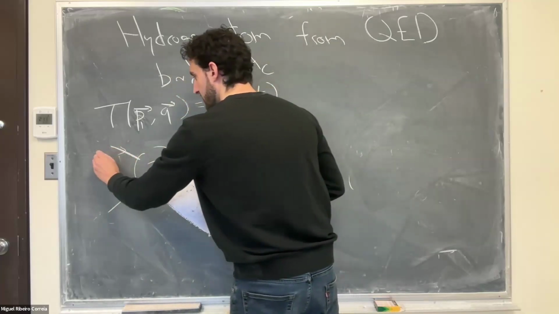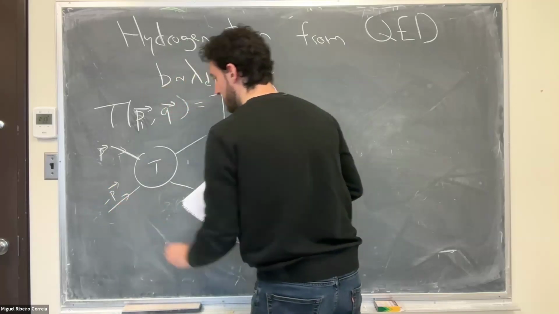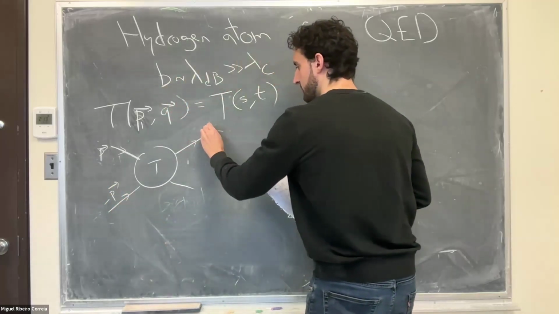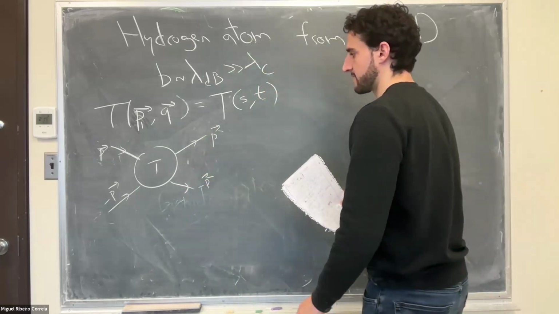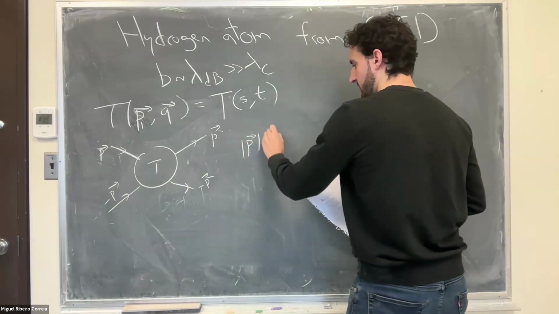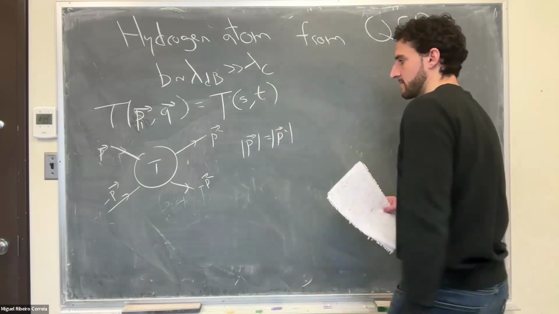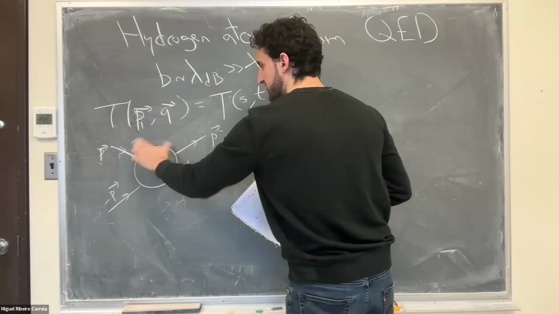I have some P in the center of mass, and I have some minus P, and I have some P prime, and some minus P prime. And I know that in the center of mass, the modulus of P is equal to the modulus of P prime. But then the difference gives me the scattering angle.